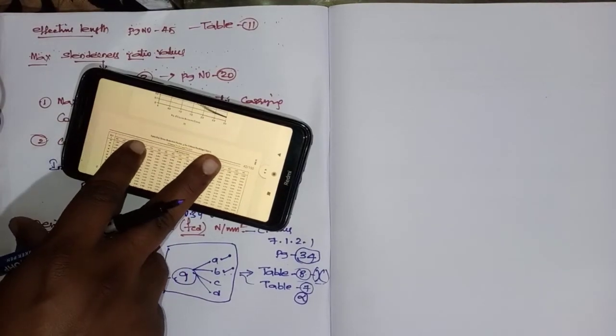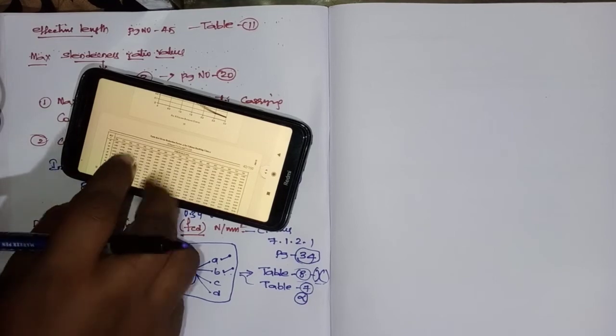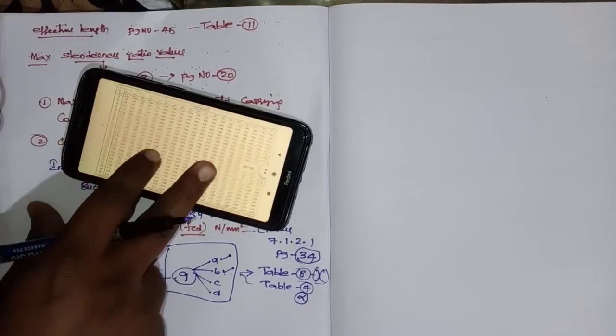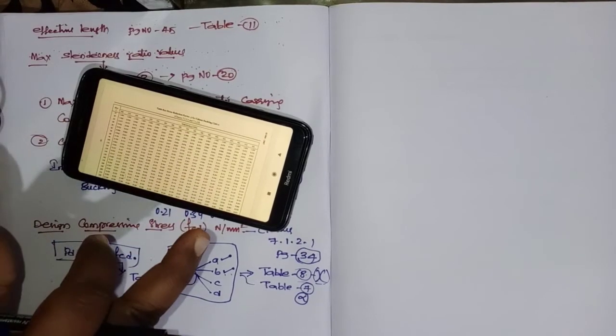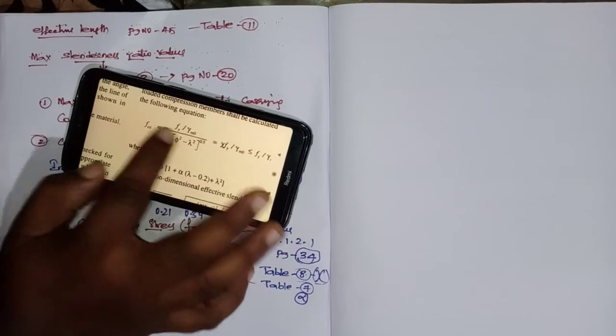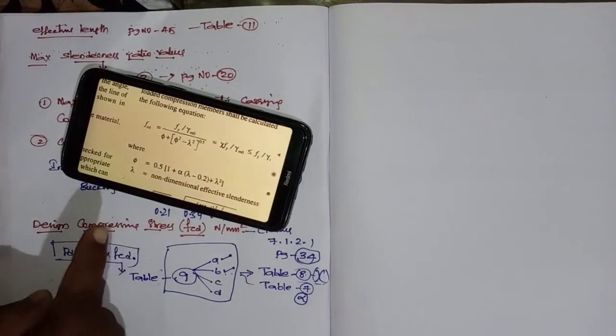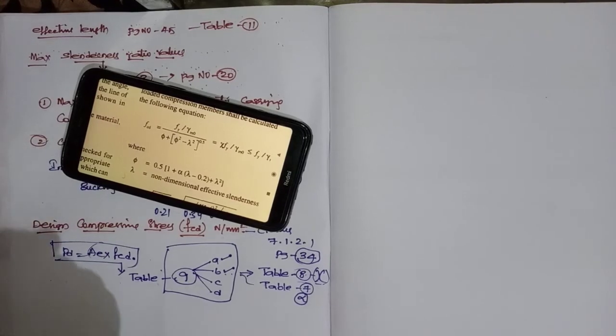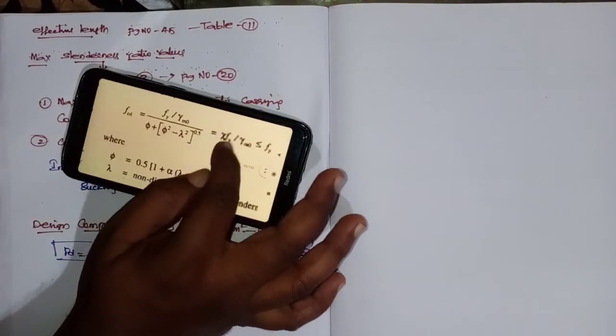calculate table number 9. Now, table number 8 is the stress reduction factor, for what? If you go back to this formula once again, yield stress is there, gamma m0, the partial safety factor, is there, the non-dimensional slenderness ratio is there, and the stress reduction factor is also there.